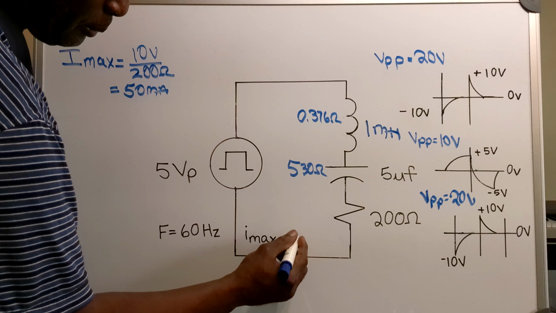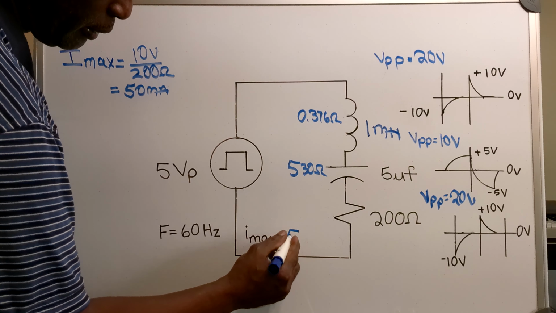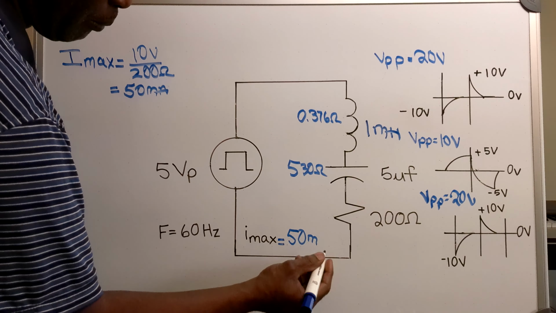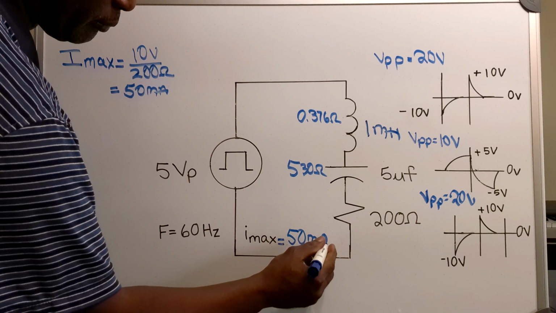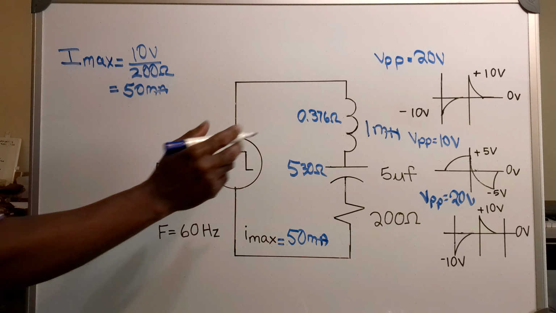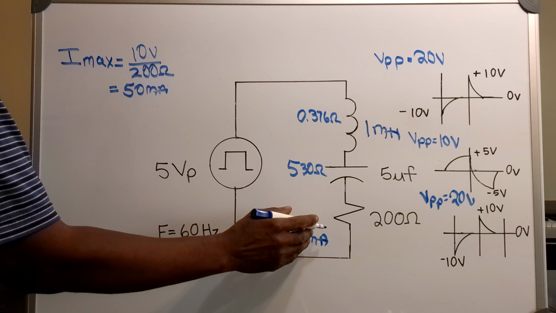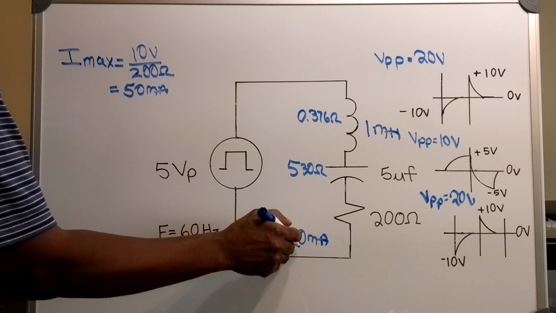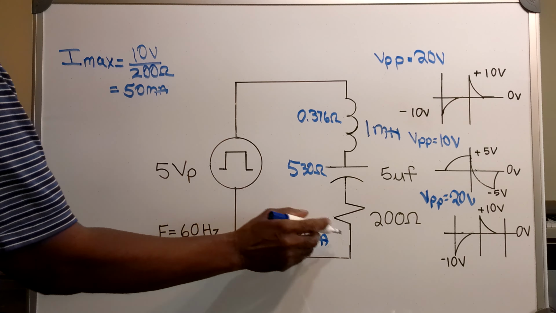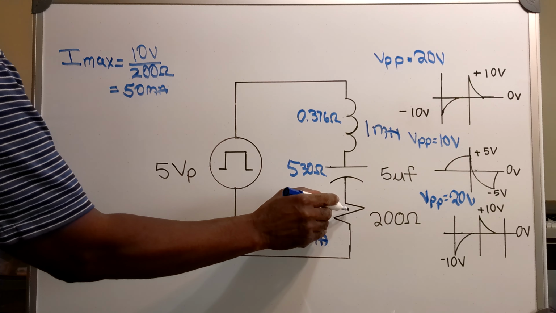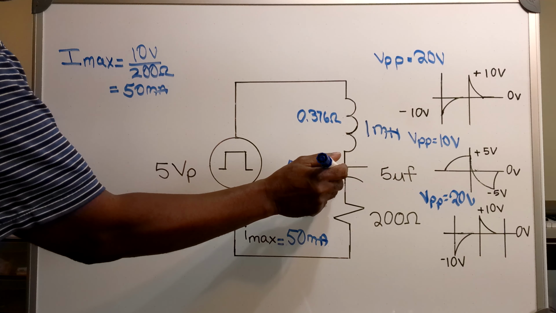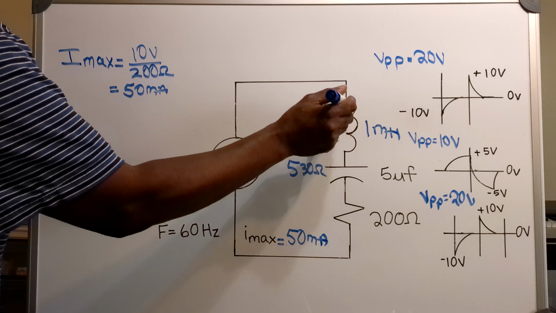So my maximum circuit current is 50 milliamps. Now, when my current is maximum at 50 milliamps, I have 10 volts here and 0 volts here and 0 volts here.